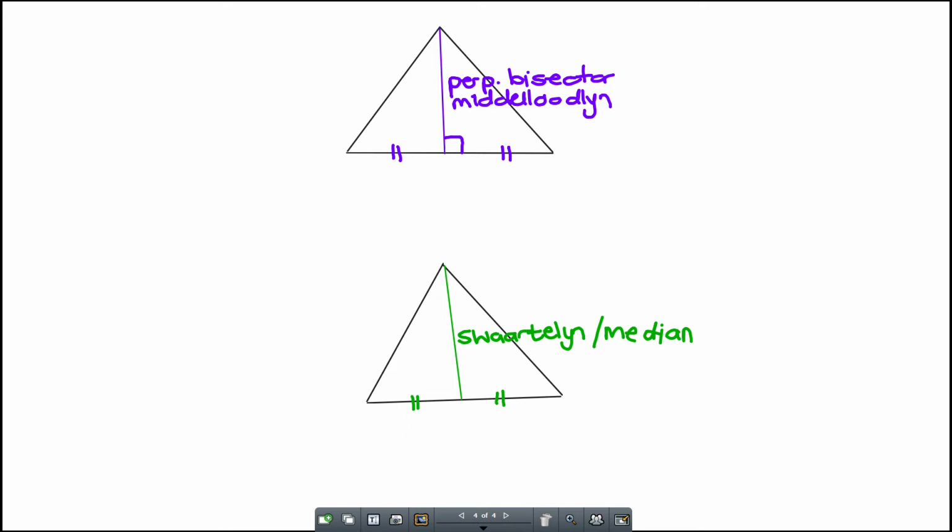Okay, right. So onthou, as hy net met 'n 90 grade hoekie sny, né? Dan noem ons dit 'n hoogtelyn, an altitude. If we don't know whether it cuts at 90, but it just cuts in half, we call it a median, né? 'n Swaartelyn. As dit albei doen, loodreg sny en in die helfte sny, dan noem ons dit 'n middelloodlyn, perpendicular bisector.